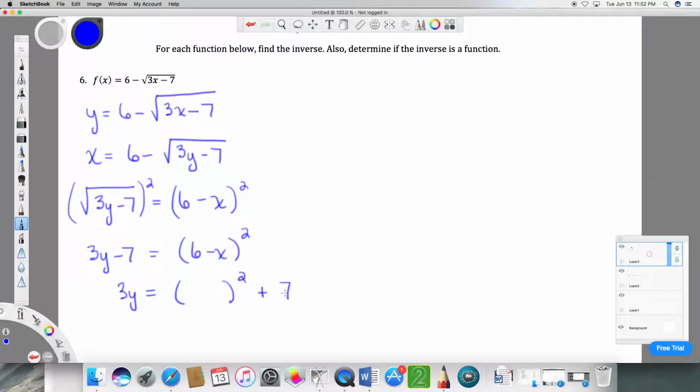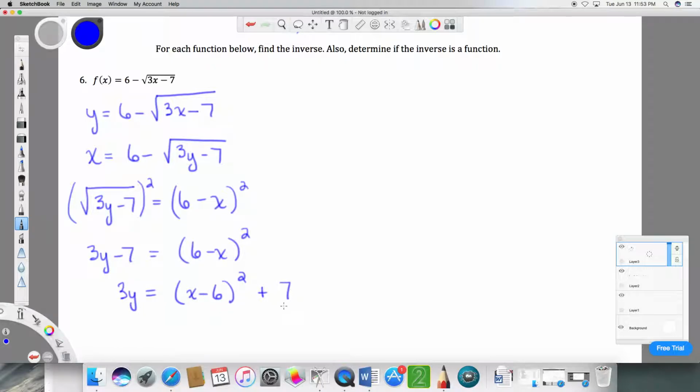And I'm going to do a little trick here. 6 minus x and x minus 6 are equal and opposite, so one of these is going to be positive and one is going to be negative. But since I'm squaring them, I can rewrite 6 minus x as x minus 6, and I haven't changed the solution set of this equation.